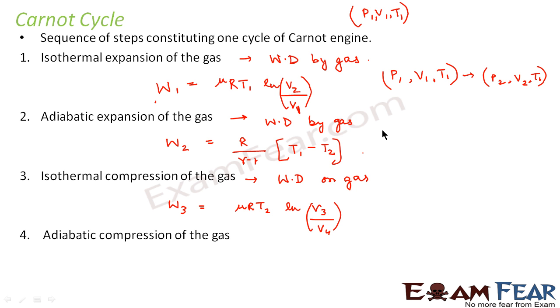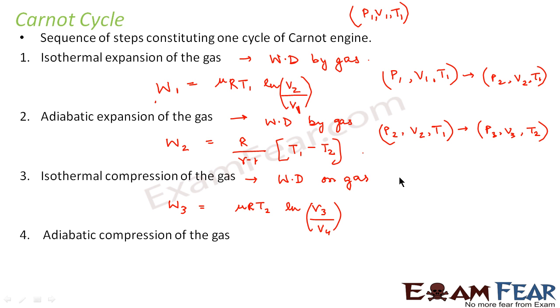Now in the second case, the change takes place from P2, V2, T1 to P3, V3, T2, right? Now the temperature changes from T1 to T2. Pressure and volume also change to different values, that is P3, V3.